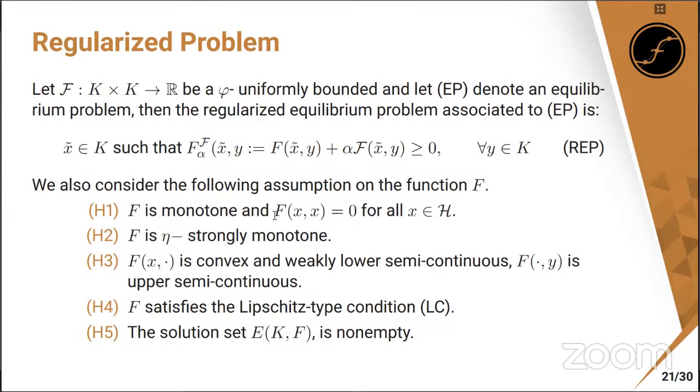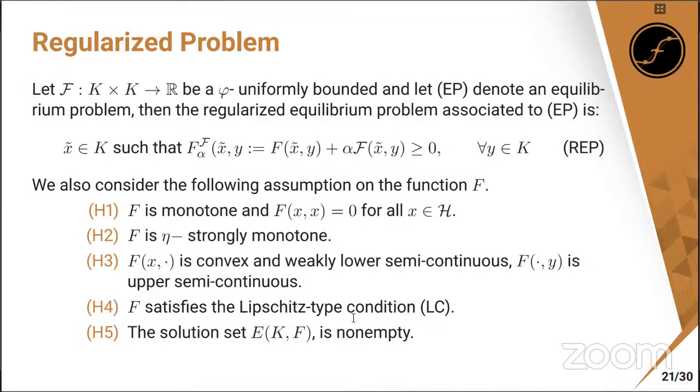We assume that the function is monotone and that f of x comma x equals 0 for every point x in H. Also, we assume that it's eta strongly monotone, and that it is convex and lower semi-continuous in the second coordinate, and upper semi-continuous in the first coordinate.